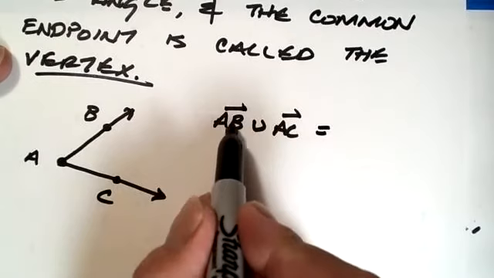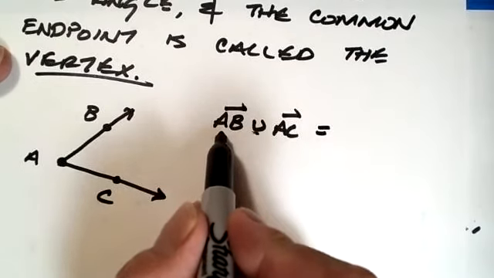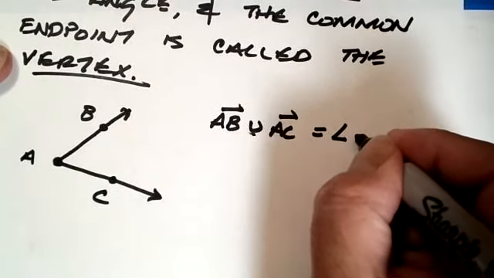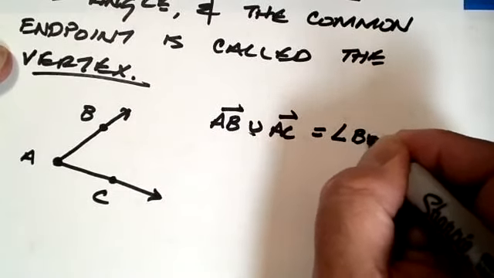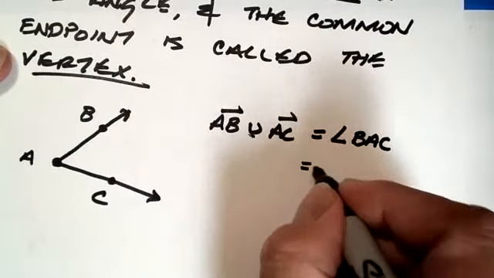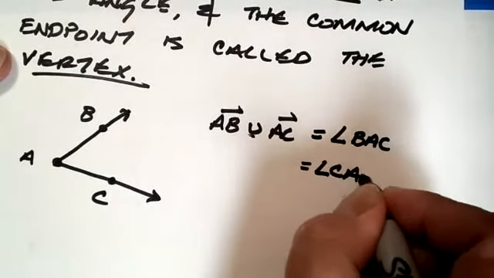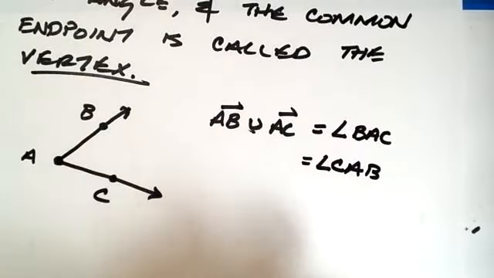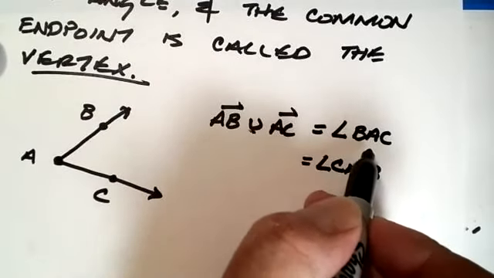And we can make this little equality. We can say the union of ray AB and ray AC is actually the angle BAC, or alternatively, the angle CAB. And this symbol here is what we use to represent an angle. This is not a unique representation.